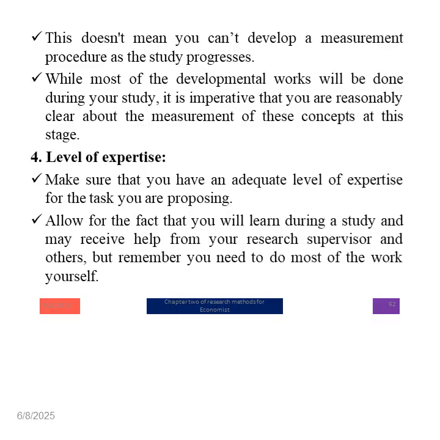The fourth one is the level of expertise that you have to consider while selecting your research. Make sure that you have adequate levels of expertise for the task you are proposing. If you are not an expert in the area, or if you have no knowledge or skill about the area, don't choose such a topic.